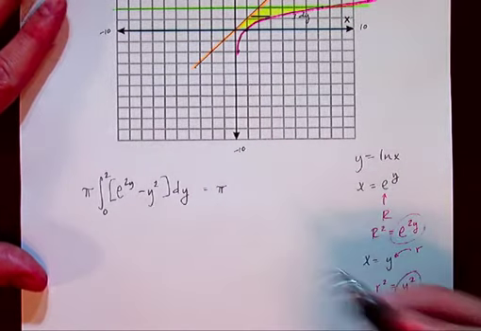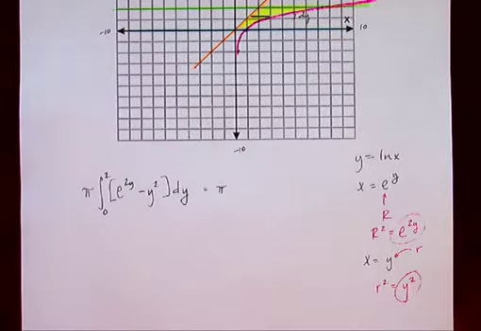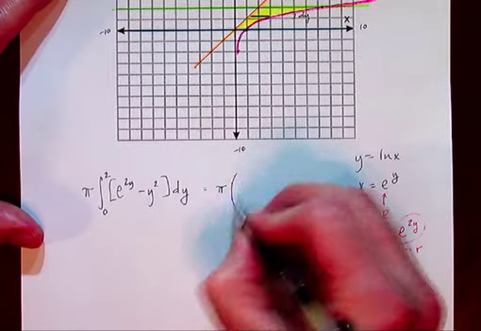Now e to the 2y, like I've said before, is a u-sub problem because it is composite, but it's so easy that all we need to do is put a 2 in front of the dy and a 1/2 out in front. And e to the 2y times 2 dy is going to give us e to the 2y. You just have to remember the 1/2.